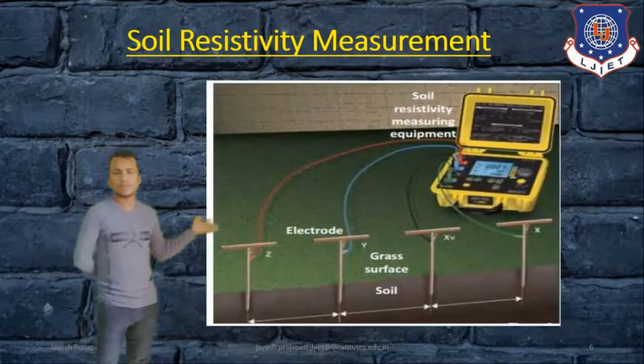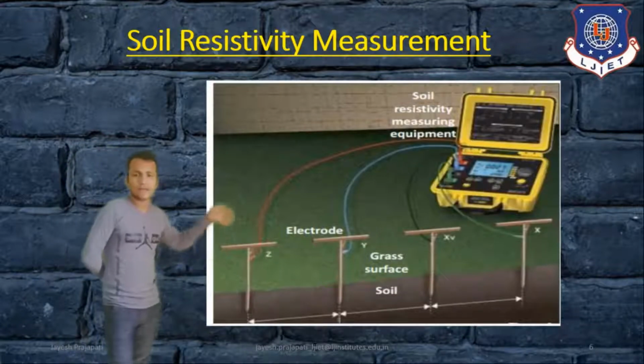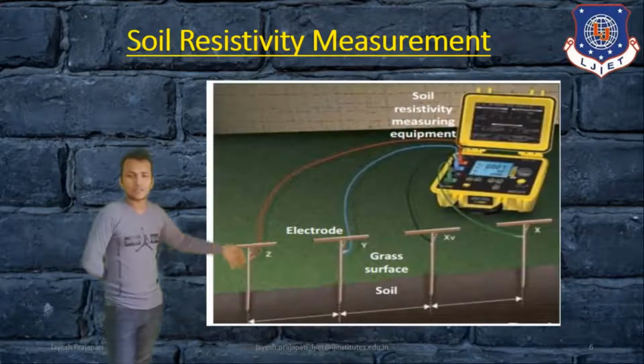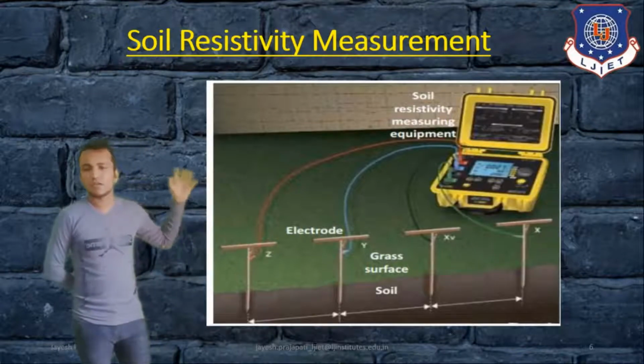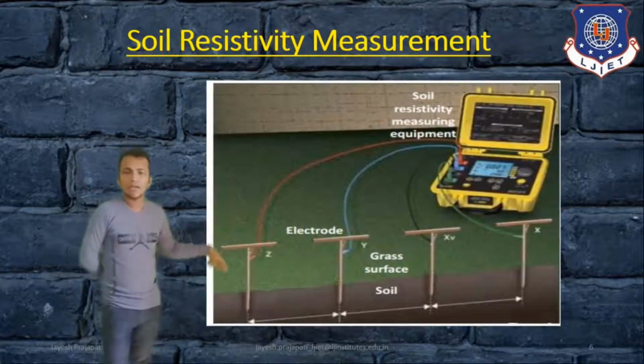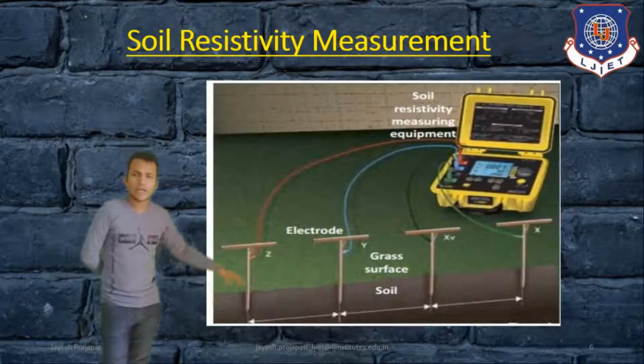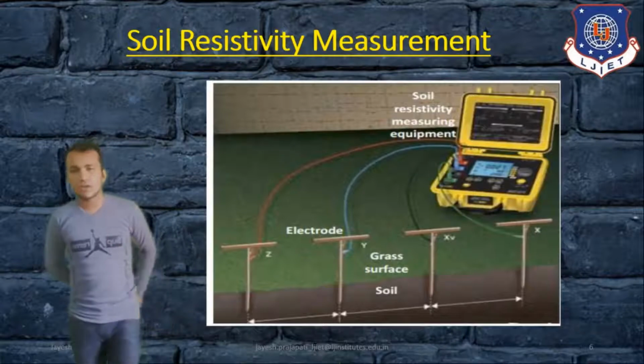You can see in the figure there are 4 electrodes connected at some distance, and this instrument, the soil resistivity measurement equipment, can measure the soil resistivity. Using this kind of setup we can measure the soil resistivity.